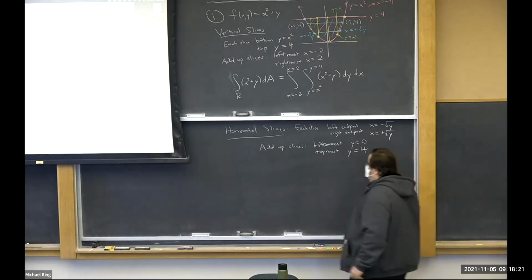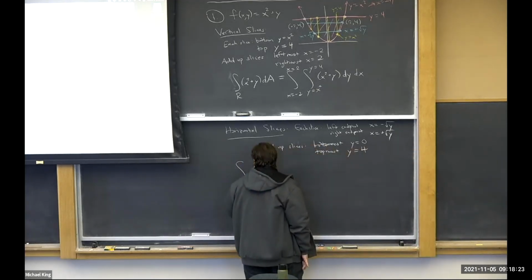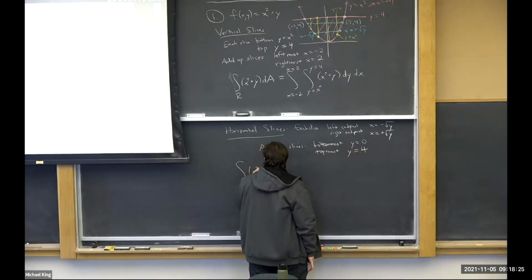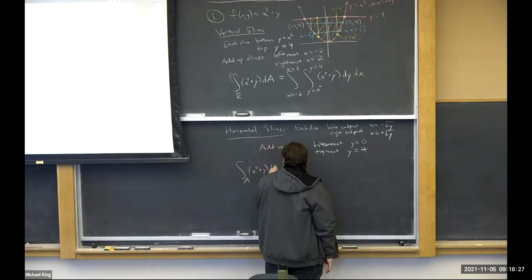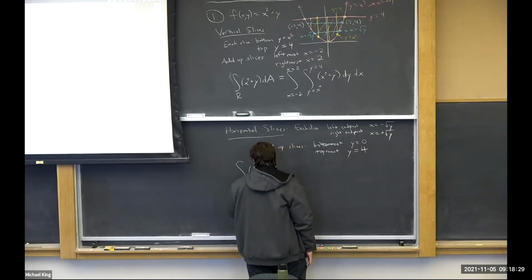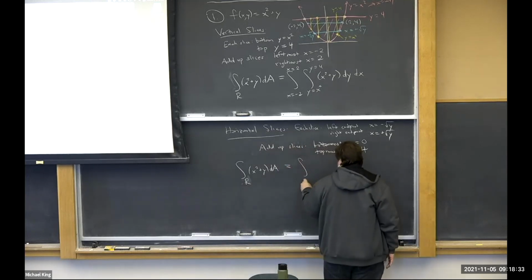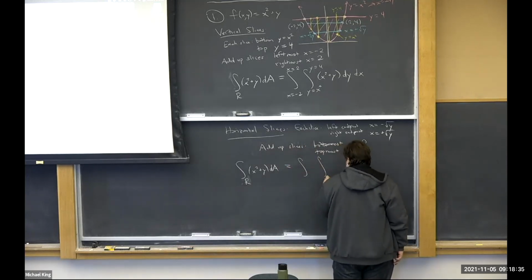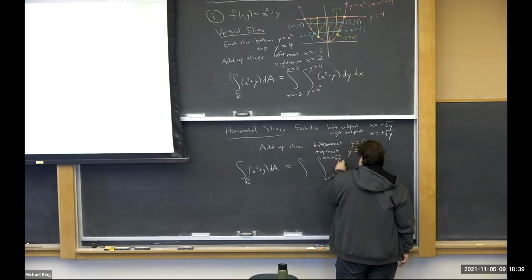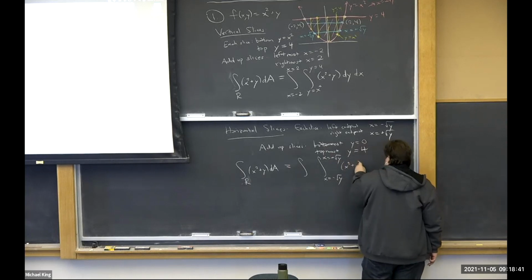So then if we write this out, x is negative root y, x is positive root y, x squared plus y.